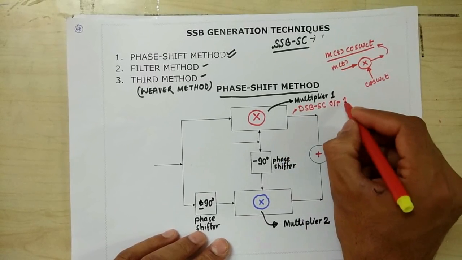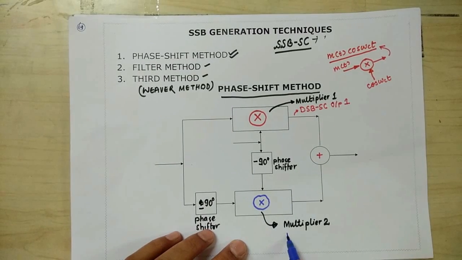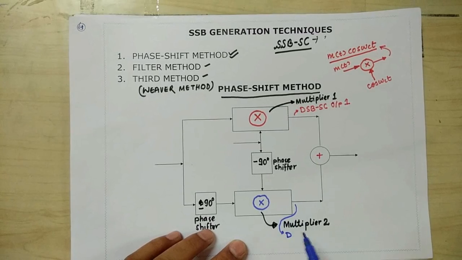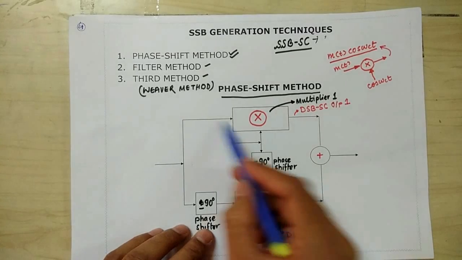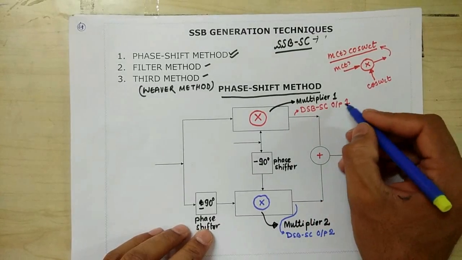This is DSB-SC output 1, and similarly we can write this output as DSB-SC output 2, since this is nothing but the message signal and carrier multiplication. So this is basically DSB-SC modulated.